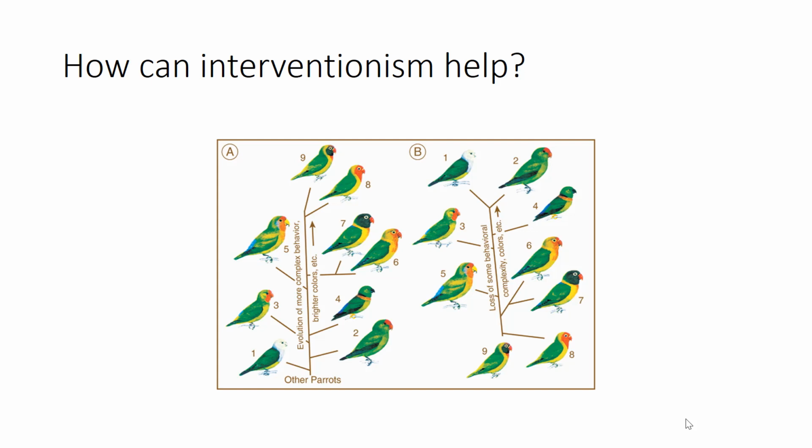The phylogeny on the right is basically the same phylogeny, but presented backwards, assuming that the most brightly colored and those with the most complex behaviors are actually the ancestors of the duller and less complex.